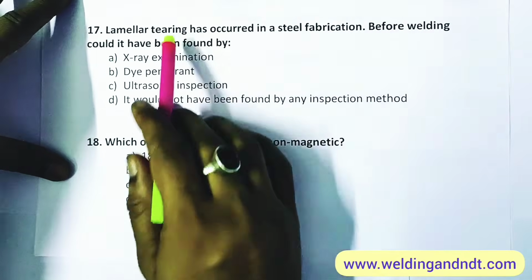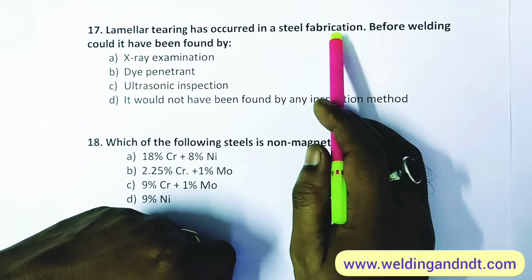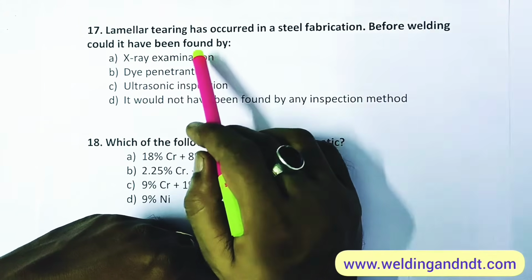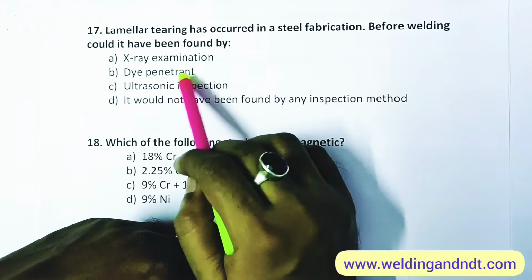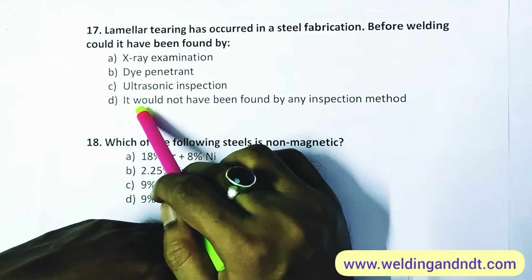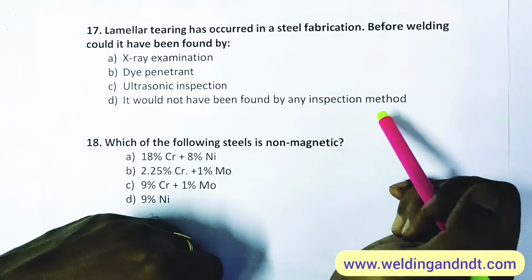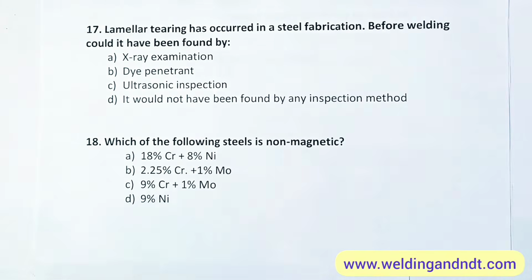Now, lamellar tearing has occurred in a steel fabrication. Before welding, it could have been found by X-ray examination, dye penetrant, ultrasonic inspection, or it would not have been found by any inspection method. Please think for a second.